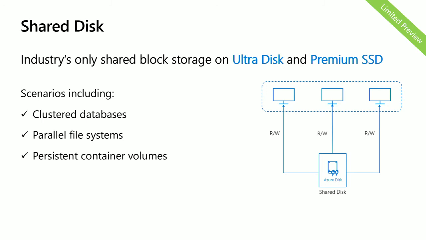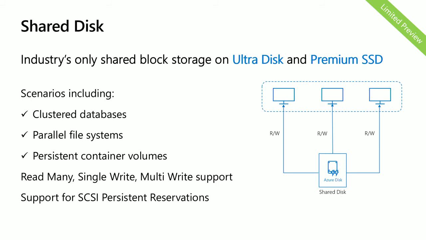It is designed for clustered databases. For example, if you have Windows Server 2008 failover clusterings, you can now lift and shift that to Azure leveraging shared disks. It's great for parallel file systems, for scale-out file server, which I'll demo, and also great for persistent container volumes.